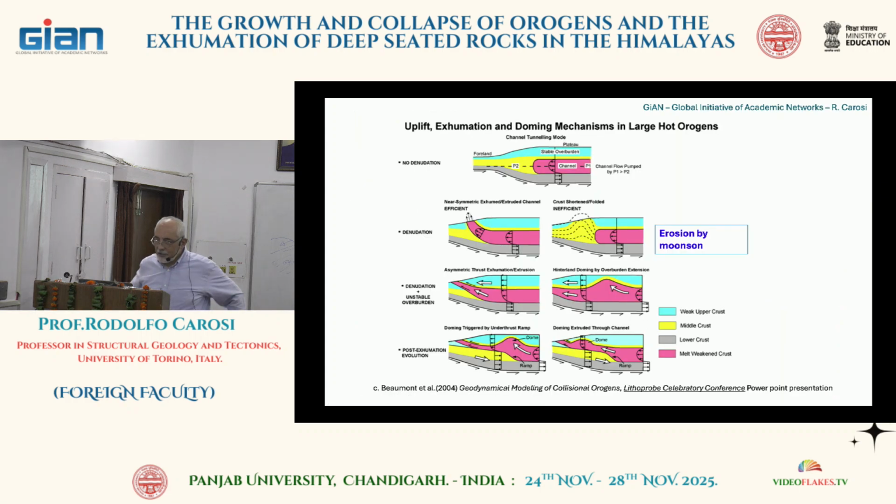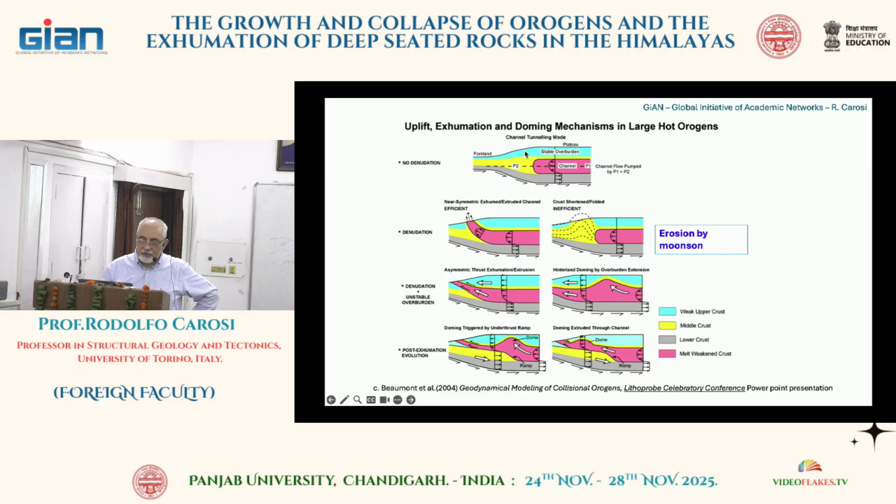In this other picture, the same people, Beaumont and others, made some experiments, and if you have this initial picture with no denudation, no focused erosion, the channel remains at depth and moves only horizontally.